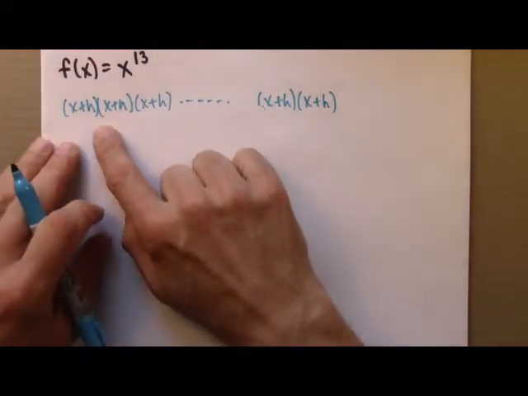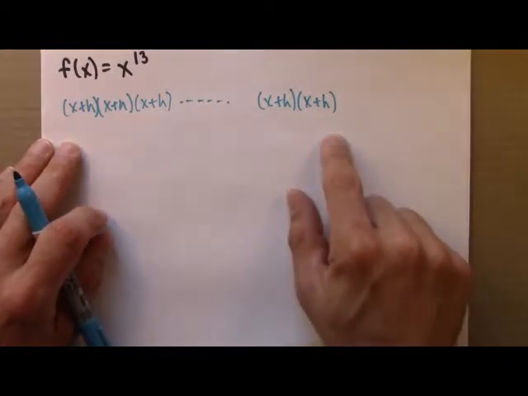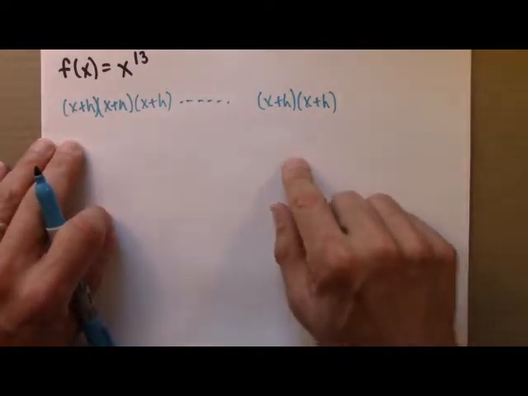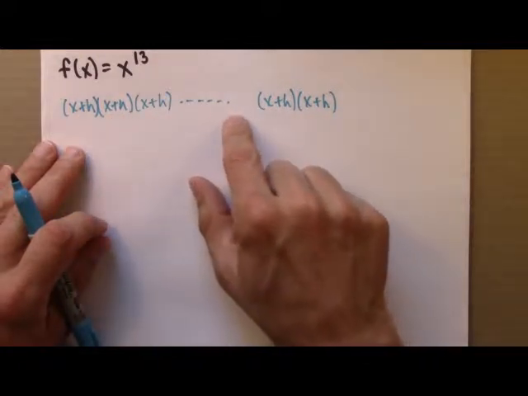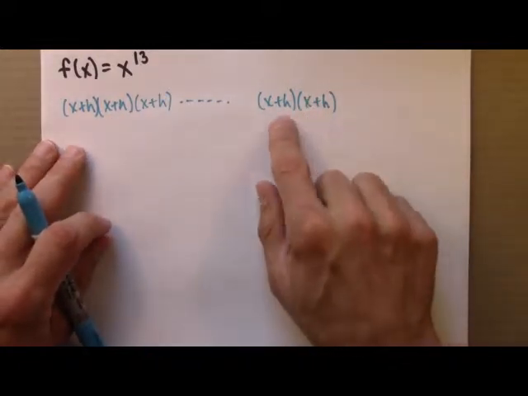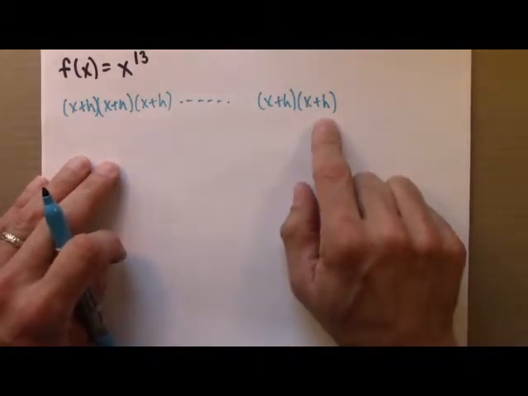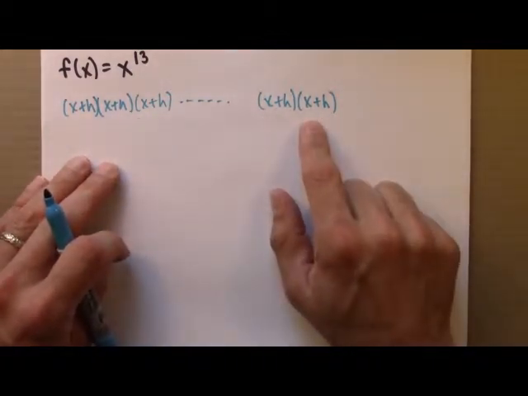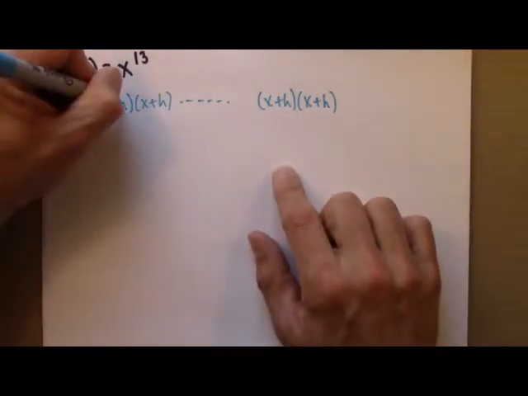So the picture here is that I've got x plus h times itself 13 times. So we don't just have to FOIL, we have to FOIL, FOIL, FOIL, and just keep on foiling until we get to the end. So this would be a massive amount of foiling, and it's something we certainly wouldn't want to have to do all the way out. And the good news is that we don't have to do it all the way out.